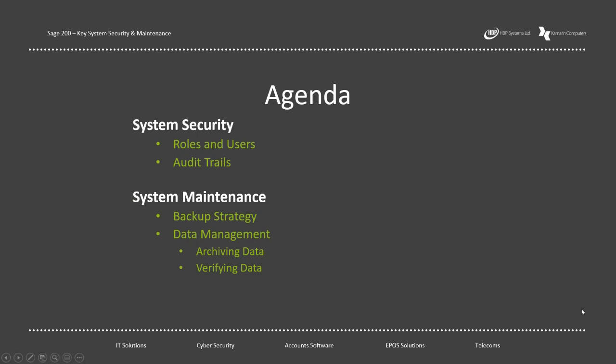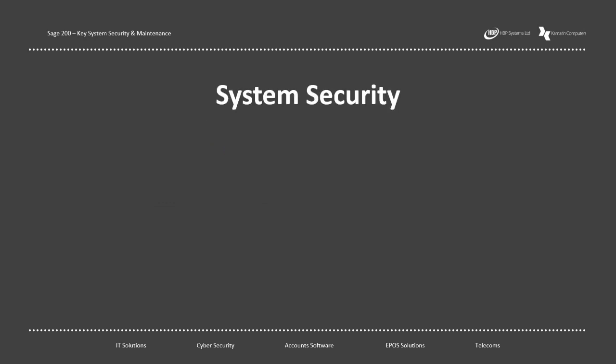So our first subject we want to cover there is the security within the system. This isn't going to be death by PowerPoint by any means, I'm going to mainly be hands-on within the product. What we're going to look at is what we need to think about with the security within Sage 200. Firstly, who can log in, what they can access, and do they actually need more access or less access than they've got, and how you check that.